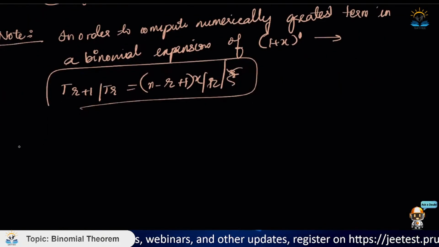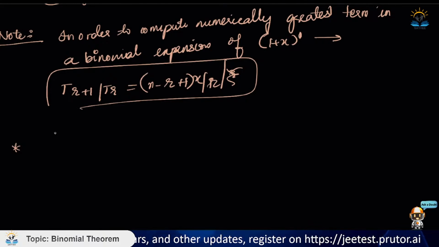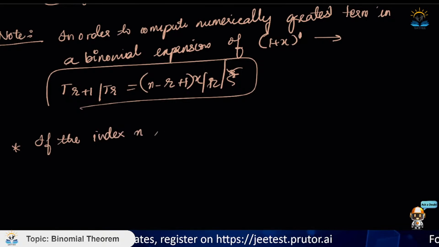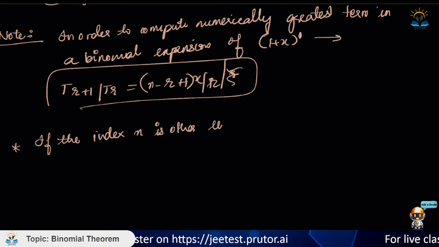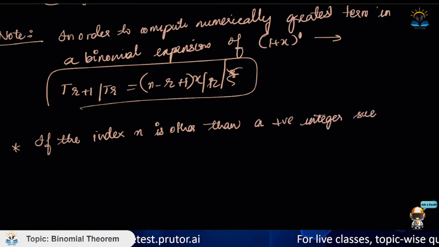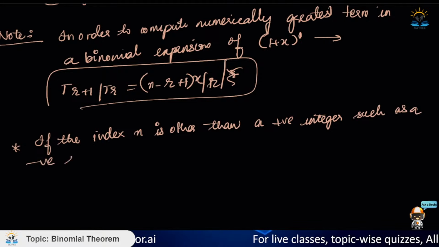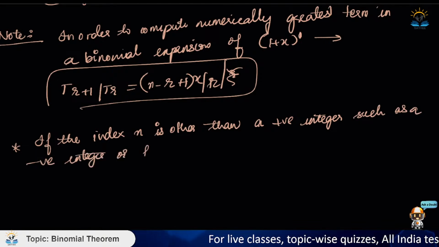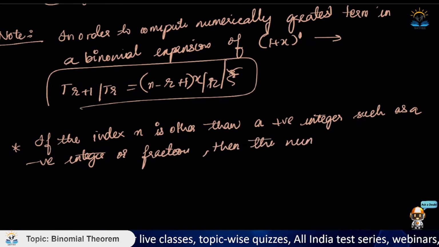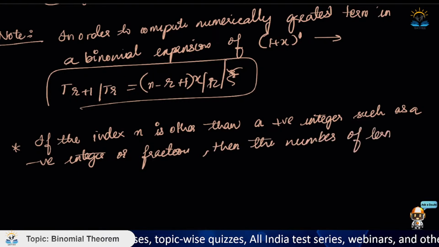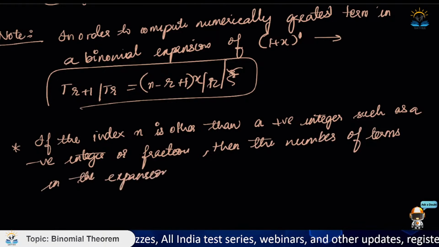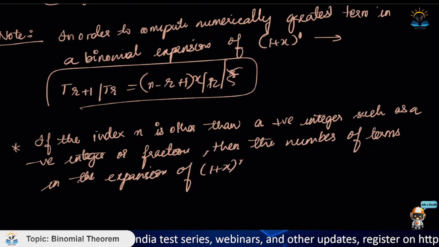So next, what do we have to see? If the index n is other than a positive integer, such as a negative integer or a fraction, then the number of terms in the expansion of (1 + x)^n is what?